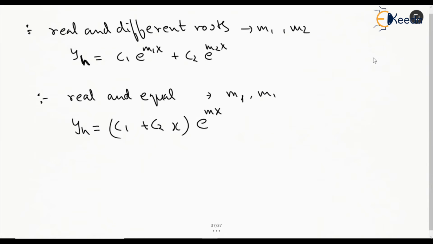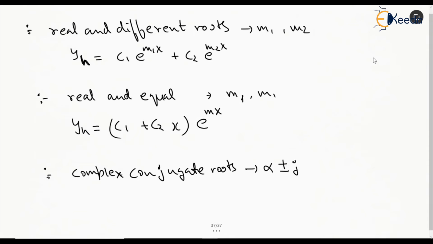And third is, if we have complex roots, a pair of complex conjugate roots, let's say alpha plus minus j beta, it can be j beta or i beta, anything is okay.